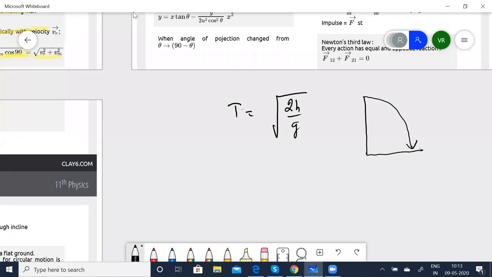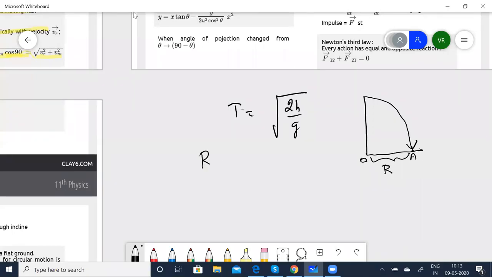Here we can see the point from the start, that means the foot. Let me mark this point as A. This is called R, the horizontal range.